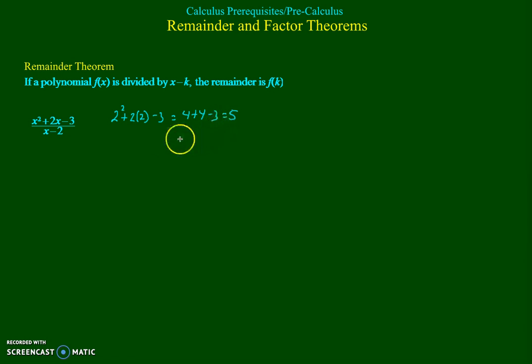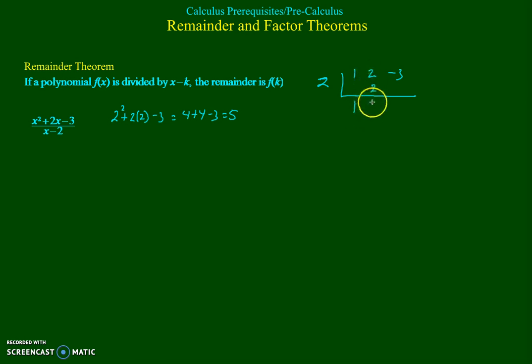Well, let's use some synthetic division just to do this really quick. And we're taking our factor of x minus 2 that gives us a k value of positive 2. And our quadratic coefficient is 1, linear is 2, constant is negative 3.